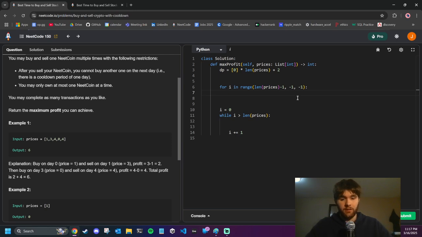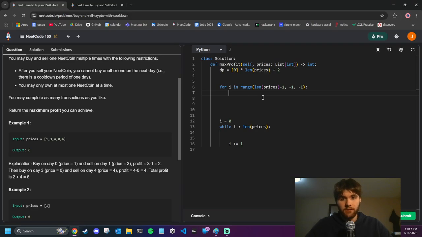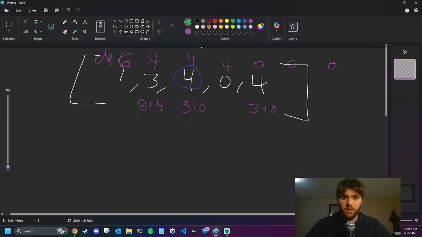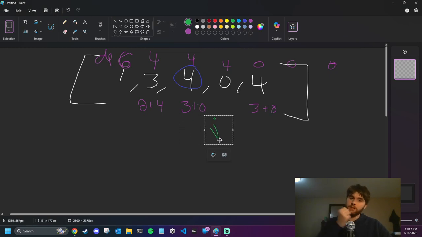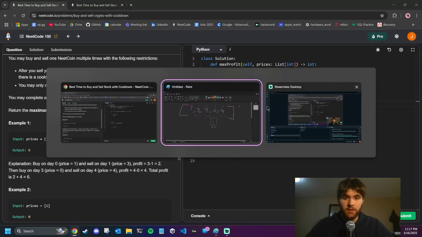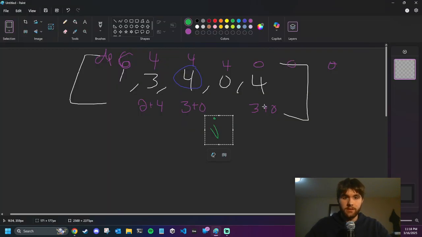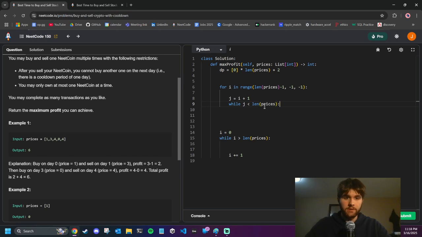And then what we want to do, so let's say we're in the middle, the general case, we'll set j equal to, I guess, j will be here, and it'll start at i plus 1. And then we'll say while j is less than the length of prices.